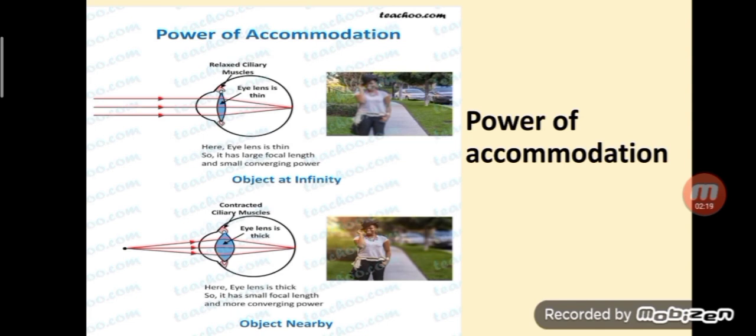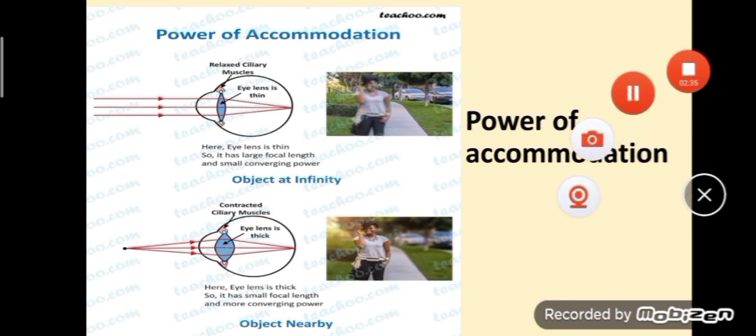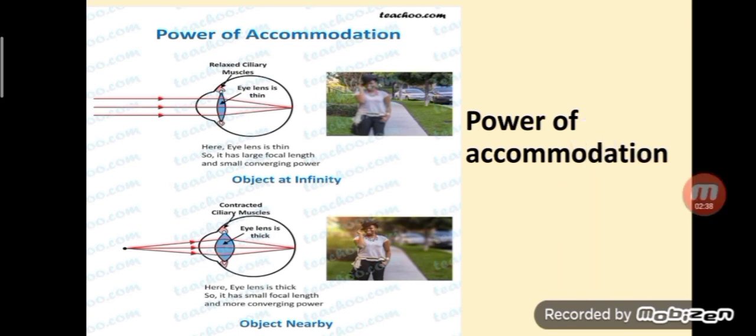The far point of a normal eye is at infinity. Thus, the range of vision of a normal human eye is from infinity to about 25 cm in front of the eye. So here you can see a person is observing an object at infinity.